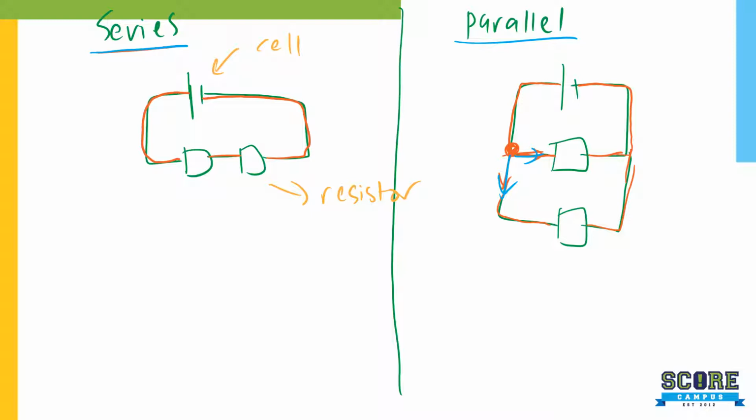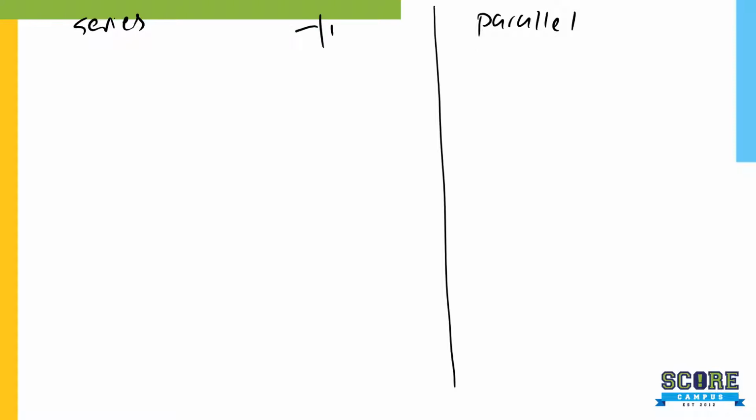Now that you know the series and you know how to differentiate, how can you go about calculating the resistance, voltage, and current? Let's do that right now. So this is a series again, and this is parallel. Let me just quickly draw.